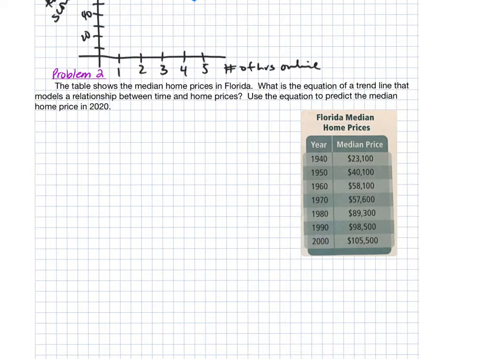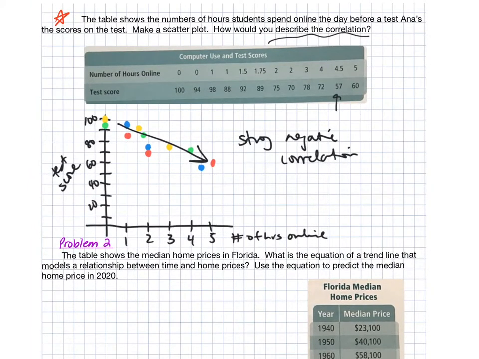What we're going to do with that is make our scatter plot, just like we did here. But to come up with an equation of a trend line, we're basically going to pick 2 points on our scatter plot that we think most represent the line that we would create here. So let's say for this one, I'd probably pick this point here, and then this point.